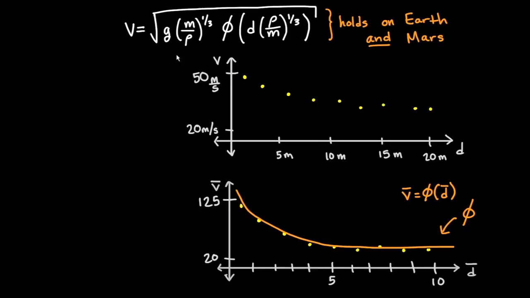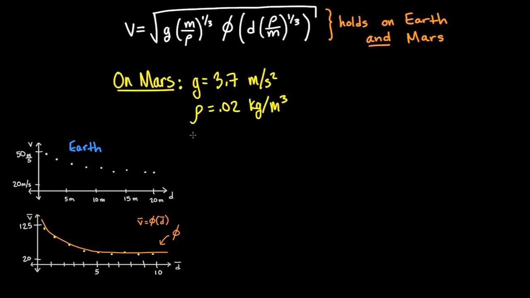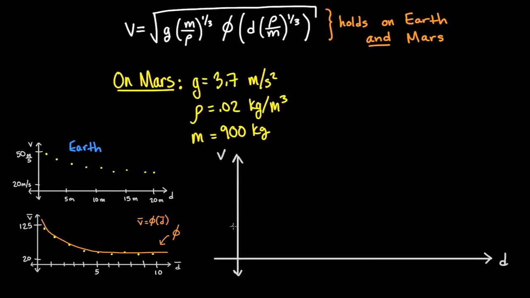Now that we have phi, we can transform the axes again to represent the canopy diameter and terminal velocity on Mars. This is done by converting v-bar and d-bar to v and d by scaling according to known values of the gravity, atmospheric density, and mass of the rover on Mars.